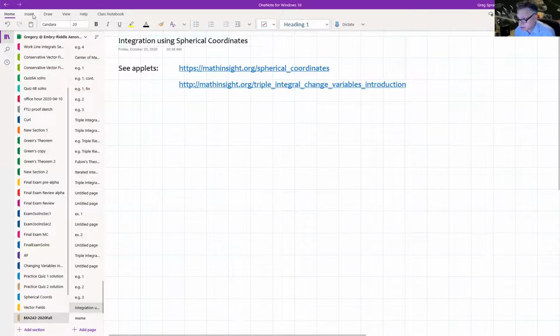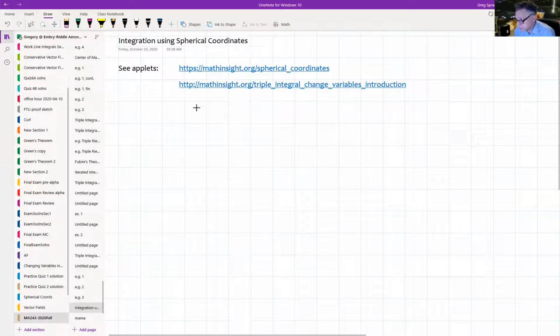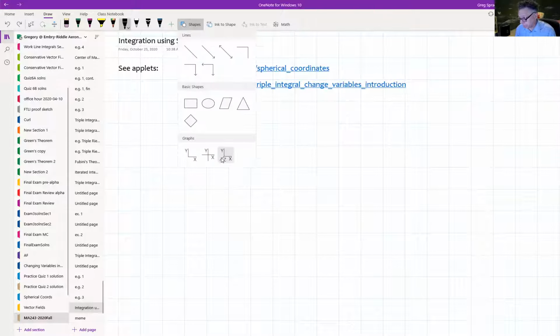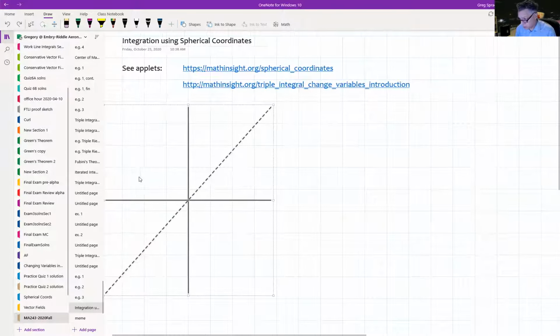Now, in this class, we're probably going to only integrate over one kind of set in spherical coordinates, and that's a spherical box. That's a set where rho, theta, and phi all go between two constants.